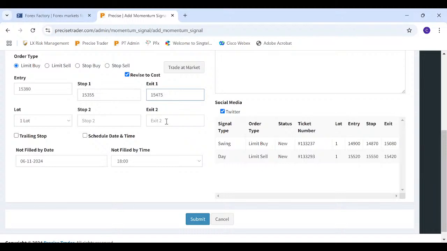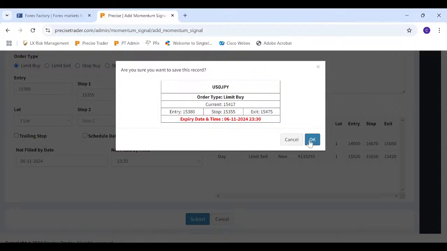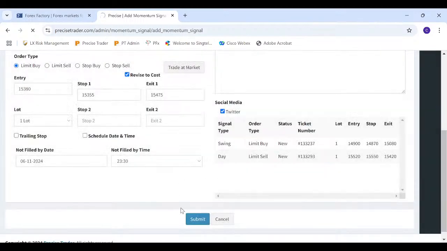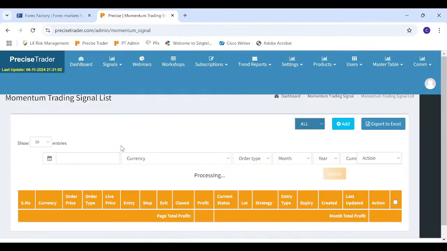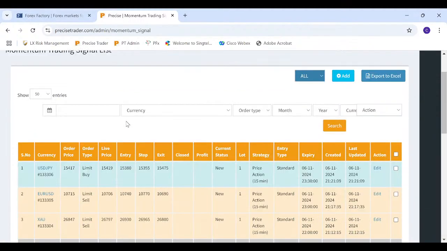The condition is 154.45 must break. Okay, must break. And this one, the expiry, we can give at least about 2 hours to work its way out. So this is the dollar yen signal or call which we are looking for.